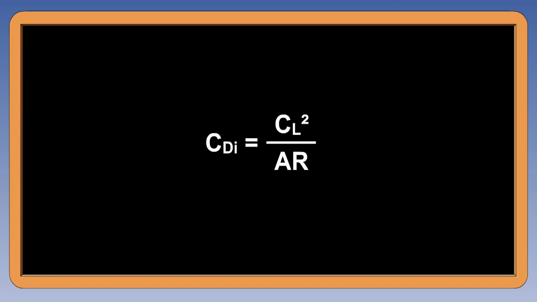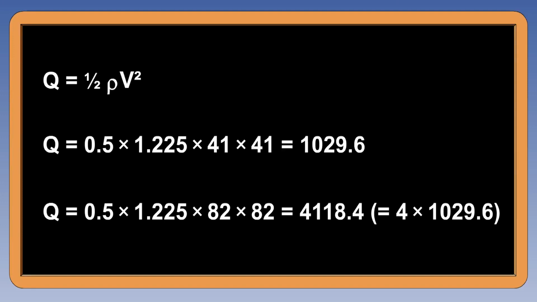To maintain a constant lift force, as speed increases, CL must be reduced. Thus, with an increase in speed, CDI actually decreases. We can work through an example, which illustrates the change in CDI with speed, which leads to the change in DI.